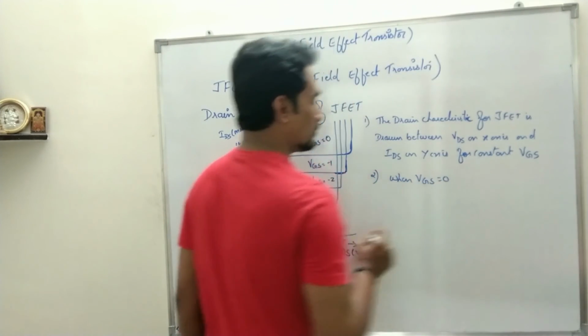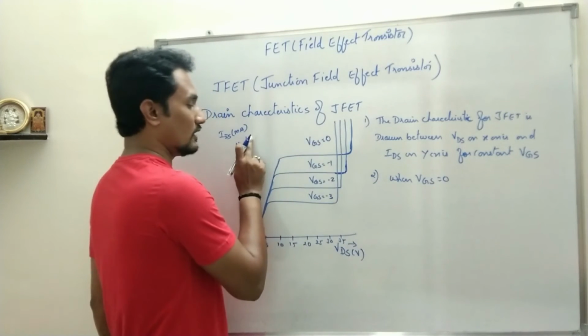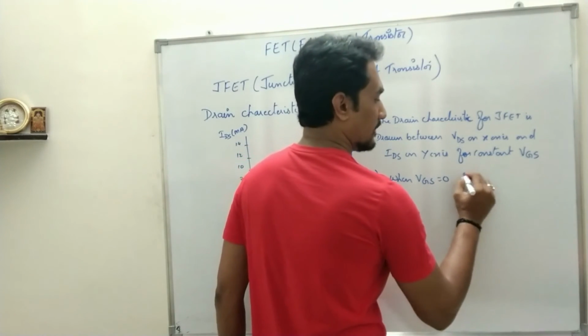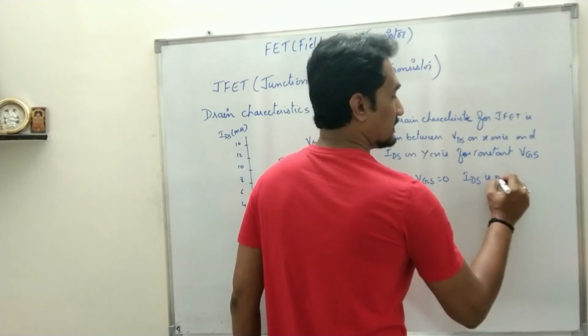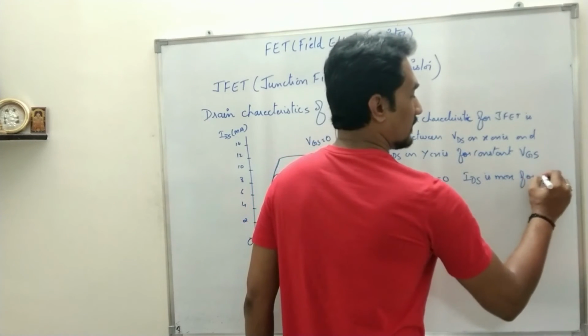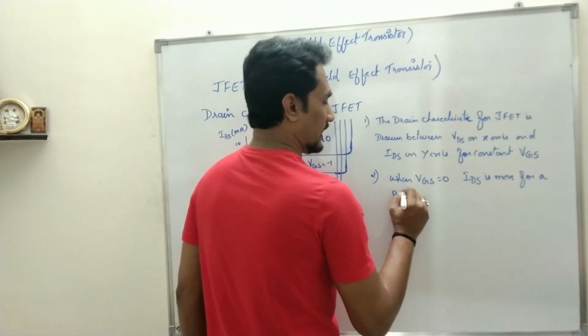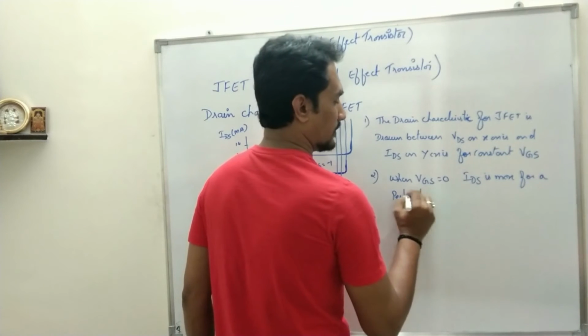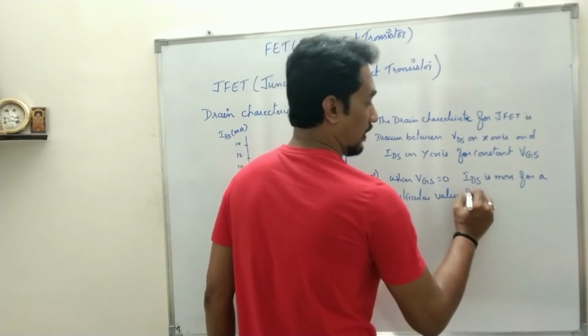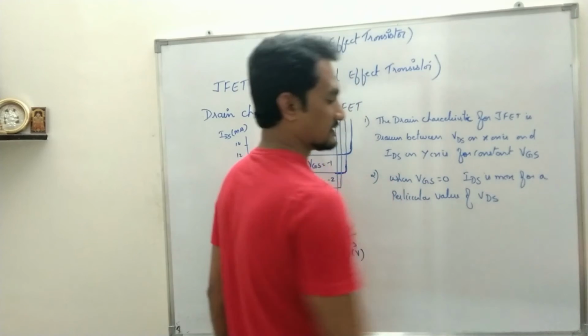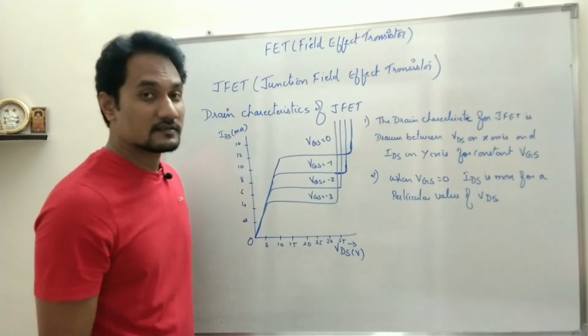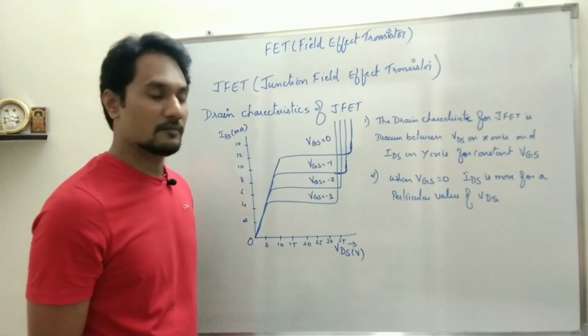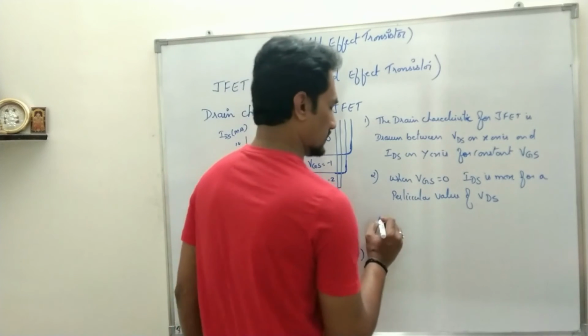Second, when VGS is equal to 0, IDS is maximum for a particular value of VDS, right? Because the channel width is maximum at this point when VGS is equal to 0.